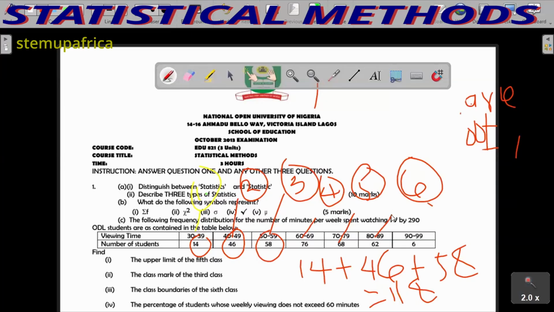So how do you get the percentage now? Remember, we know the total number of students who participated in the exercise, 290 people.